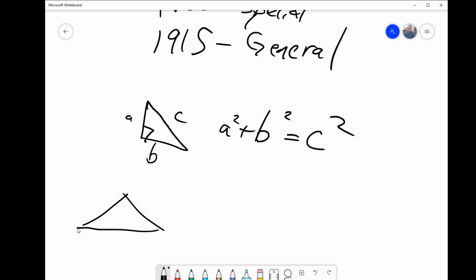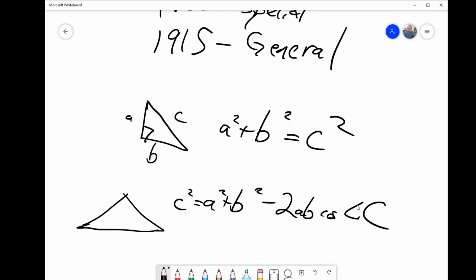Later on, we learn how to deal with triangles that are not right triangles, and we'll often get the cosine law: C squared equals A squared plus B squared minus 2AB cosine of angle C. The Pythagorean theorem is a special case of the cosine law. The cosine law is the general theorem.